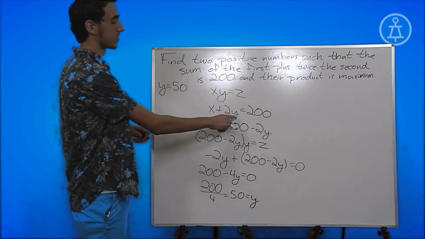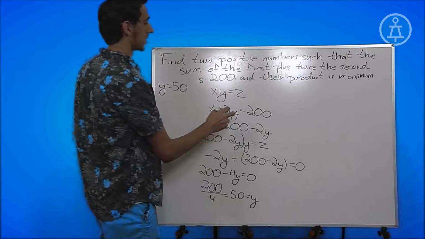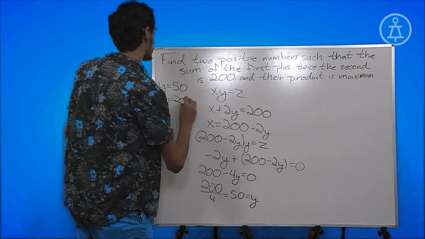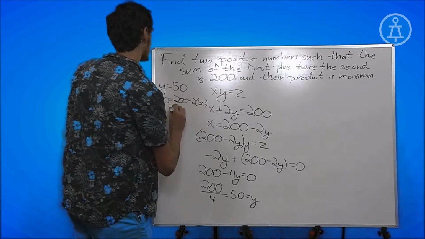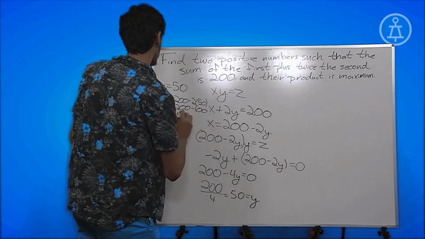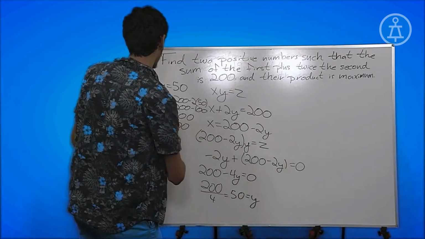So 2 times 50 is 100, and then x equals 200 minus 100. Let me write that out. So x equals 200 minus 2 times 50 equals 200 minus 100, and that equals 100. So x equals 100.